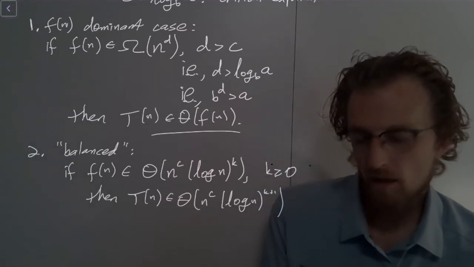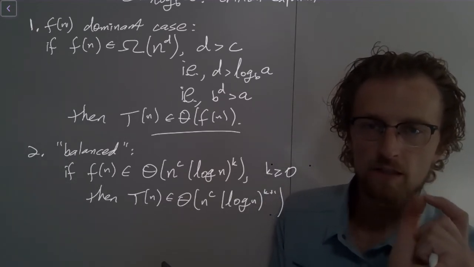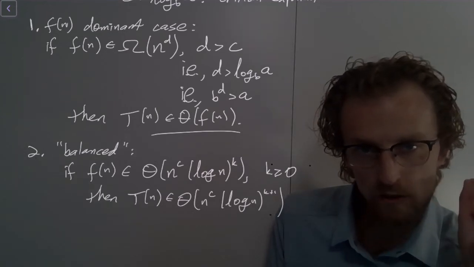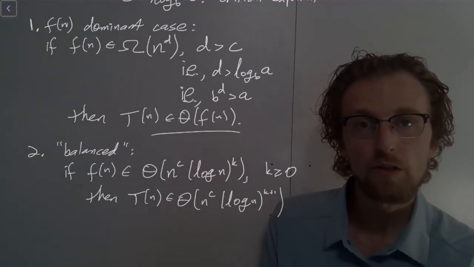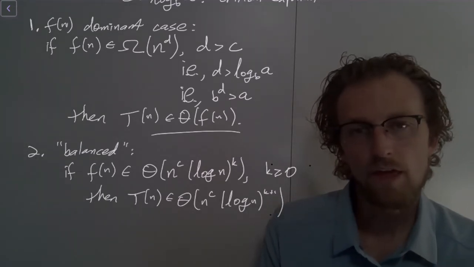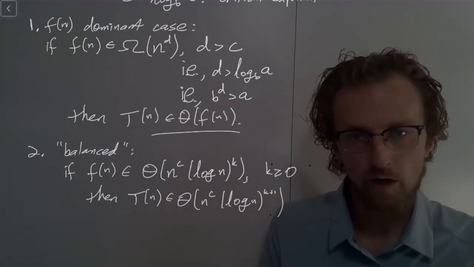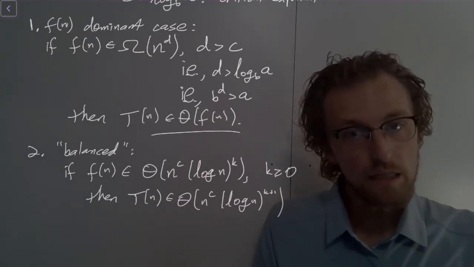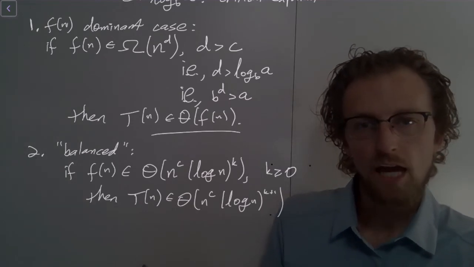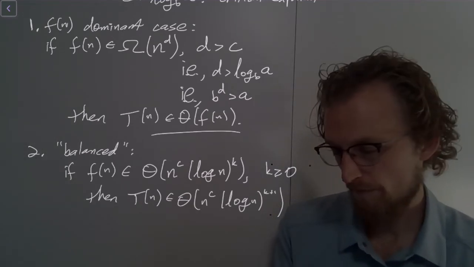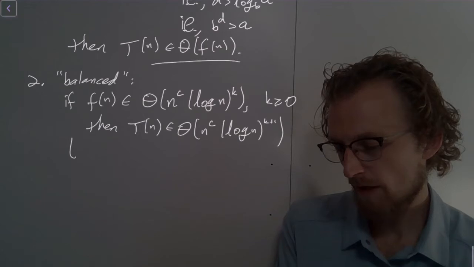So what does this mean? This means that if f of n is essentially tuned right to that polynomial with the critical exponent, then the overall recurrence is the same speed as the overhead with merely a log slowdown. So how do we write this?